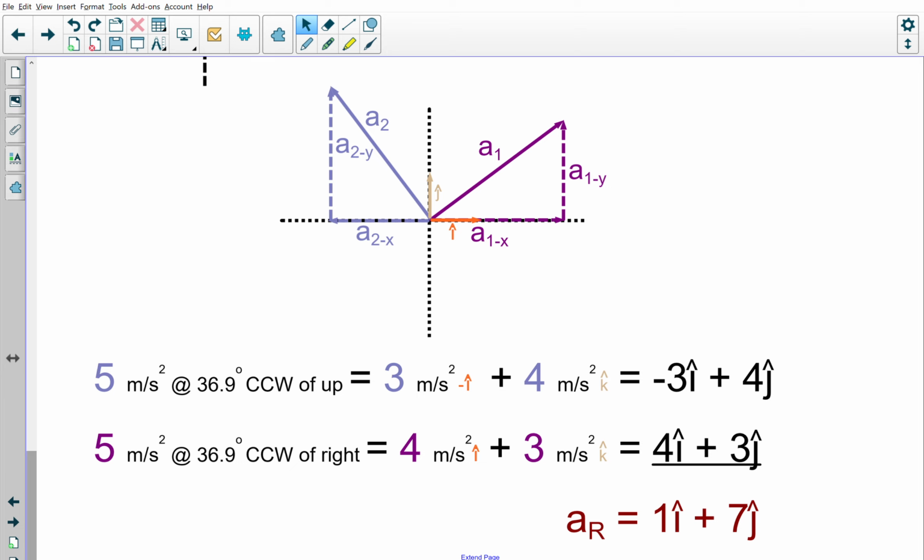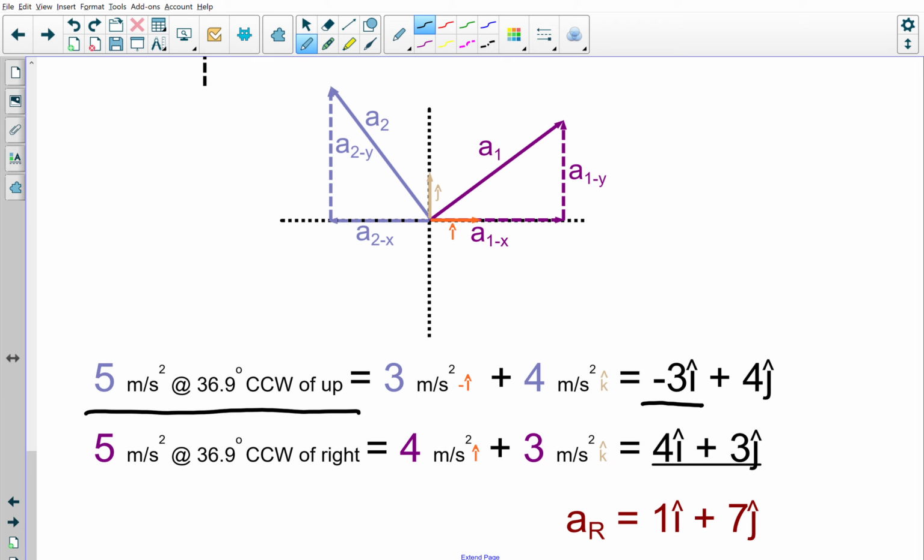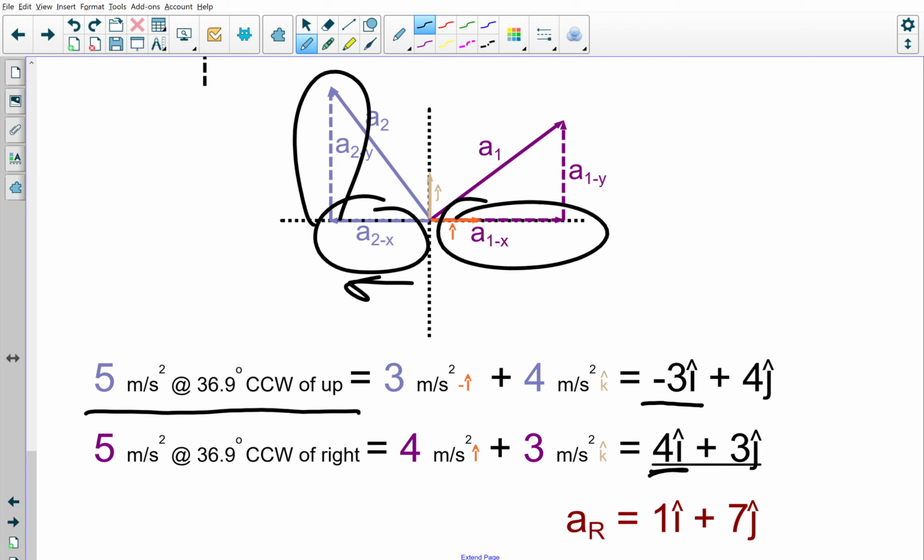All right, so another way to write the same exact 5 meters per second squared at 36.9 degrees counterclockwise of up is to say it's -3 in the i hat direction. So that means you're going -3 this way, that's this one, and 4 in the j hat direction, that's this one. The purple vector is 4 in the i hat direction, that's this one, and 3 in the j hat, that's this one.